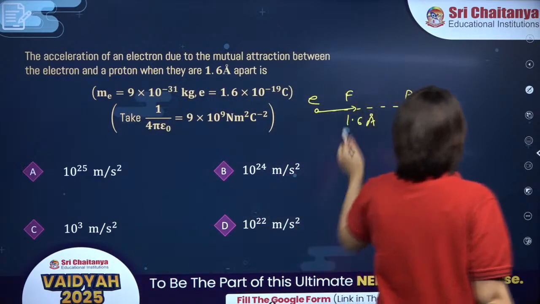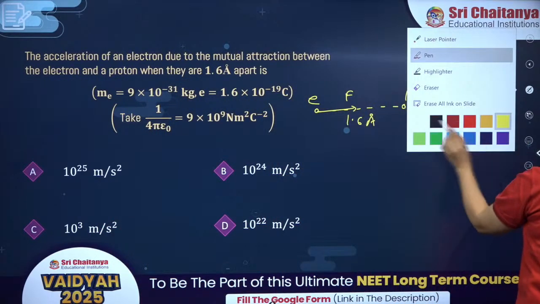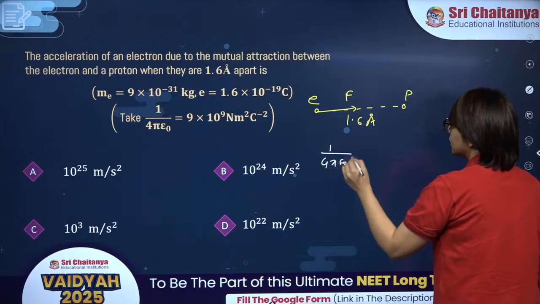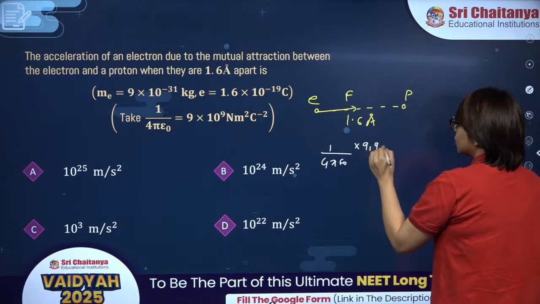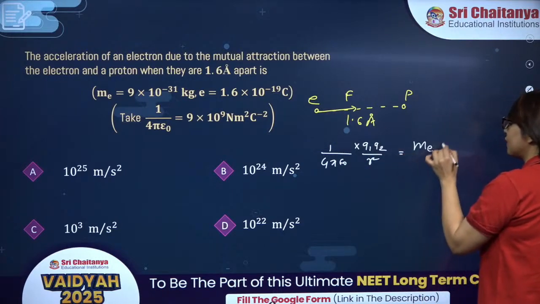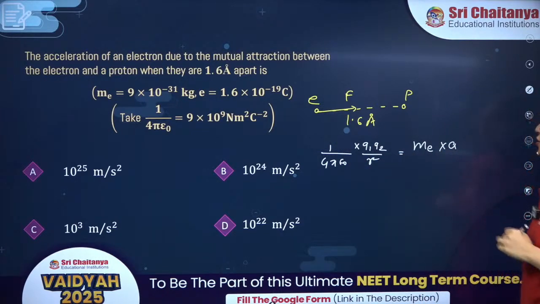Right. So force of attraction in this case is 1 upon 4 pi epsilon naught q1 q2 divided by r square, and it should be equal to mass of electron into acceleration of electron.